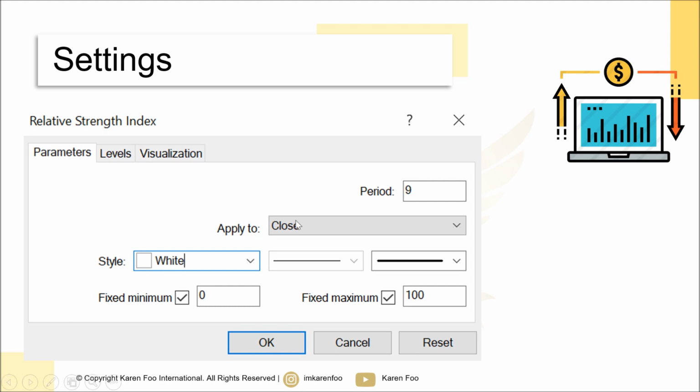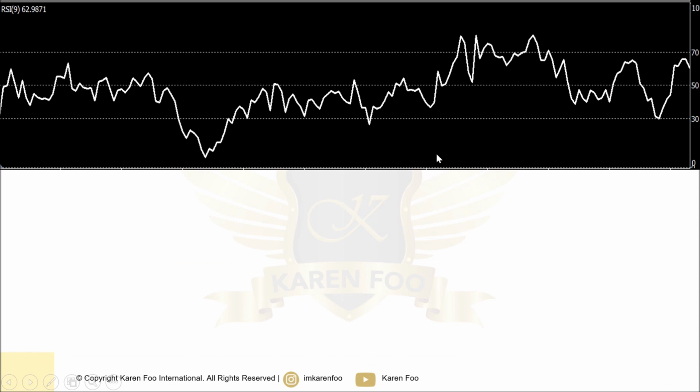You can apply it to close, and for style you can use any color you want, then fix minimum and fix maximum. Once you press OK, on your chart you will see this. You see a low end, which is 0, and on top you see 100.